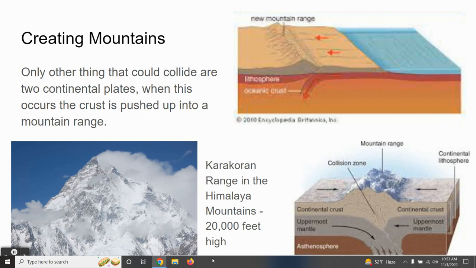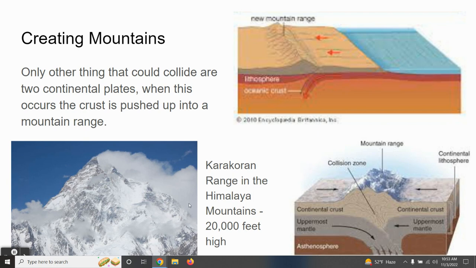It's basically a head-on collision, and all that crust comes upwards and creates a mountain. So there's the Himalayan mountains. That's one example of continental collision. They're not necessarily moving any more towards each other at this moment, but that's how those mountains were formed in the past by those plates colliding and coming together.